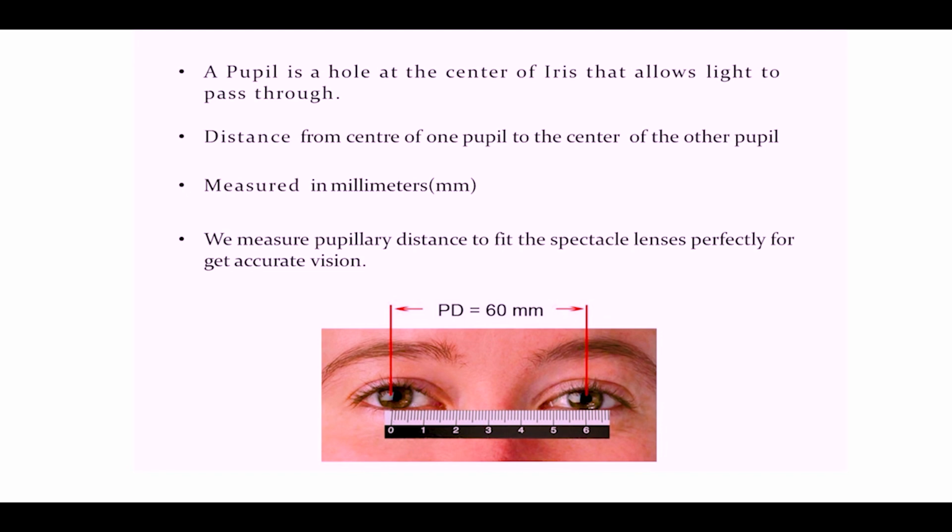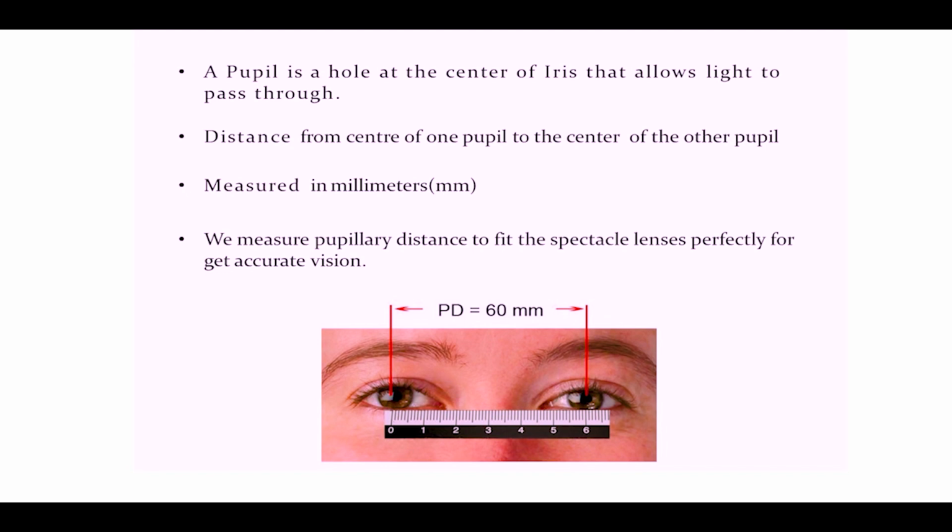So, less light enters the eye. When the iris shrinks, the pupil expands. Technically, we call it pupil dilation. So, a pupil is a hole in the center of the iris that allows light to pass through.